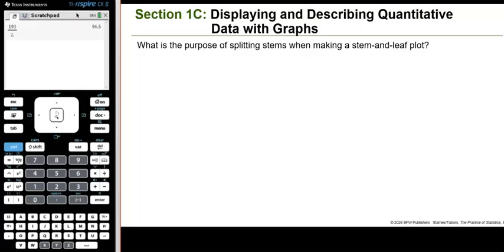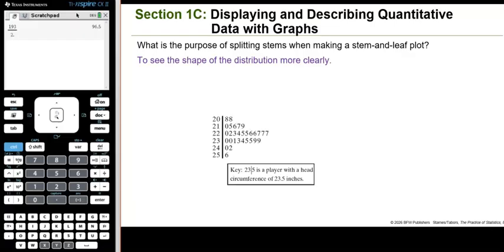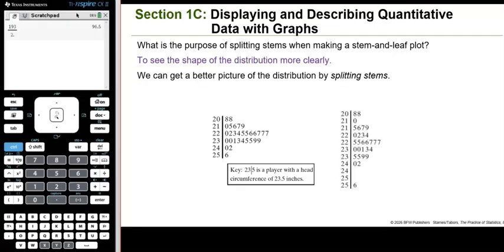Sometimes it's important to split the stems. If you have too much data in one row, that would be bad. So that's what the normal plot might look like. If you split it, you might have a better view of the distribution. Now it looks a little bit more skewed right than it did before.